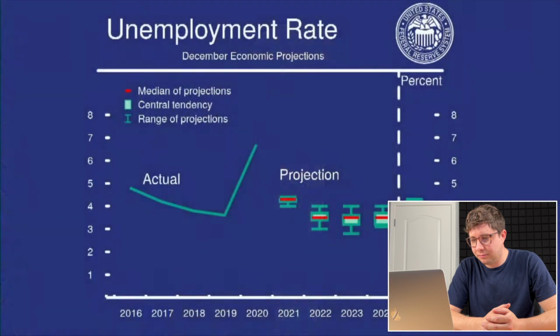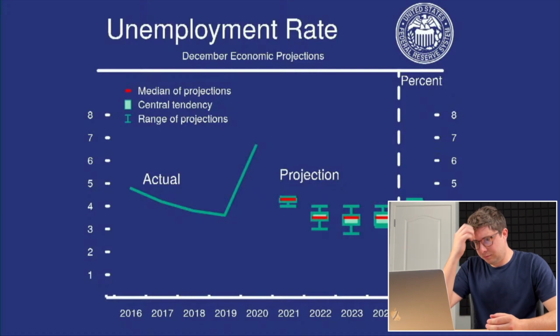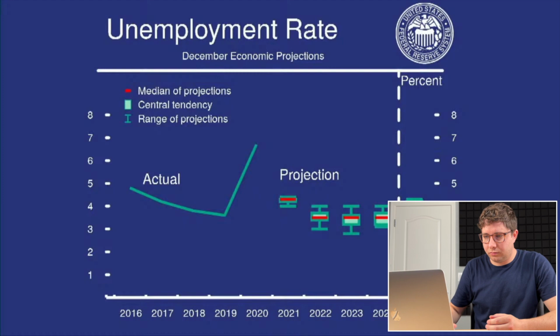How long the labor shortages will persist is unclear, particularly if additional waves of the virus occur. Looking ahead, FOMC participants project the labor market to continue to improve, with the median projection for the unemployment rate declining to 3.5% by the end of the year. Compared with the projections made in September, participants have revised their unemployment rate projections noticeably lower for this year and next.